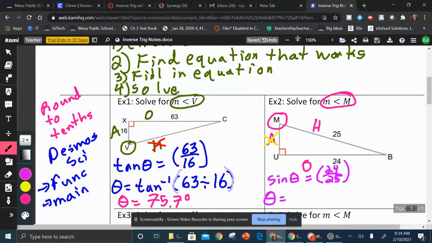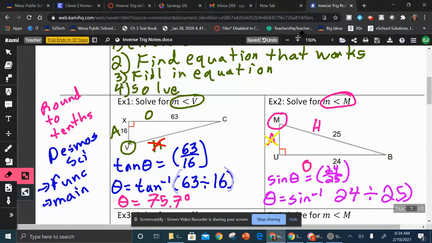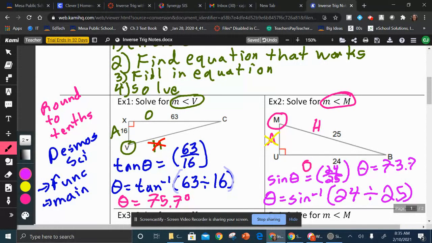So theta is going to be equal to inverse sine of 24 divided by 25. Make sure everybody has that parenthesis. Okay. And when we get our answer, we get that theta is equal to 73.7 degrees.